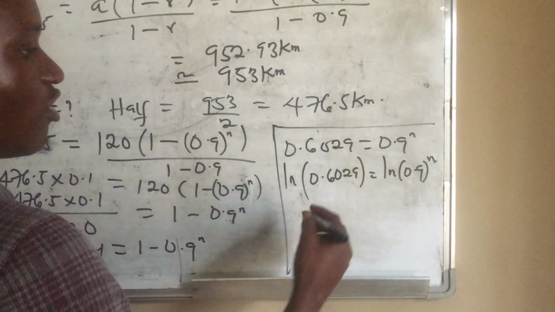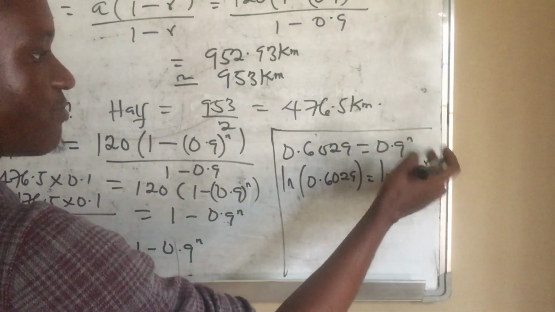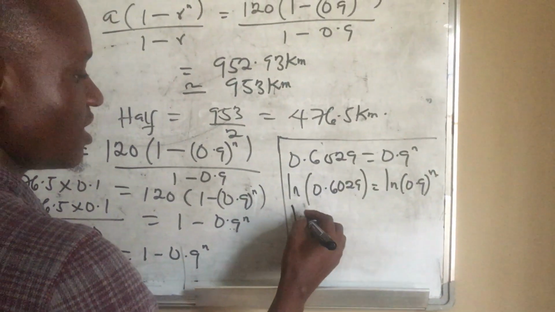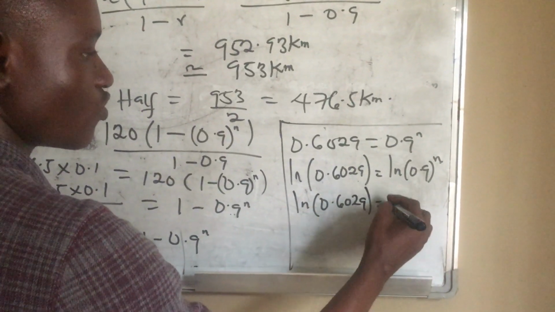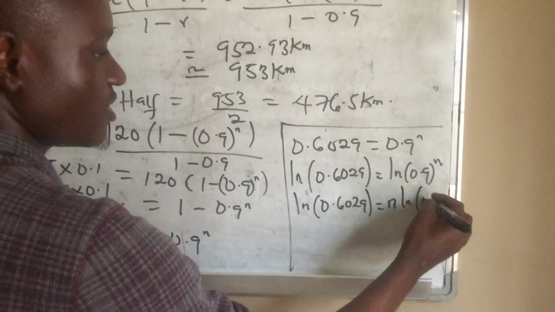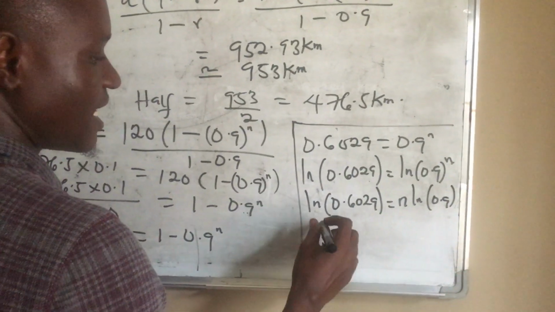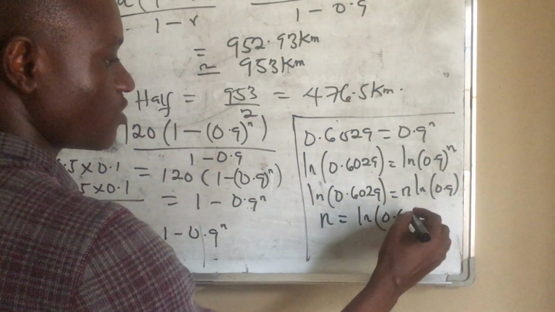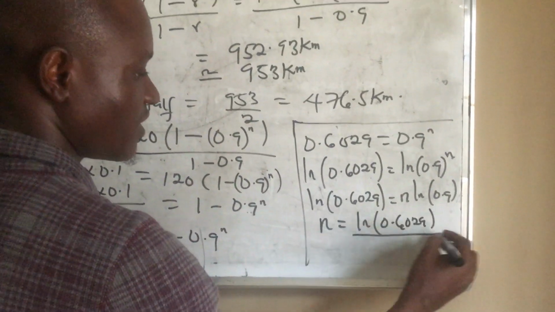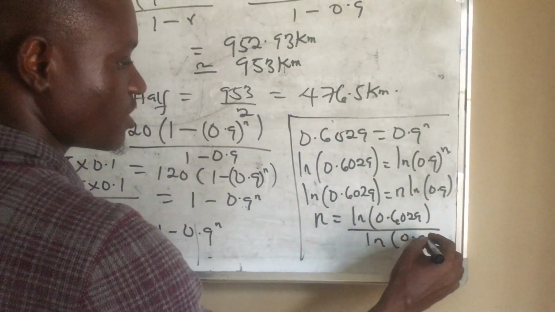By the law of logs, this power comes down, and that means ln in bracket 0.6029 equals n ln 0.9. So my n here will just be ln in bracket 0.6029 divided by ln 0.9.